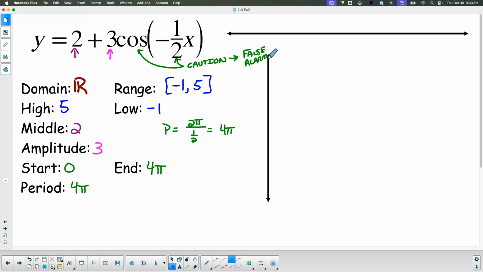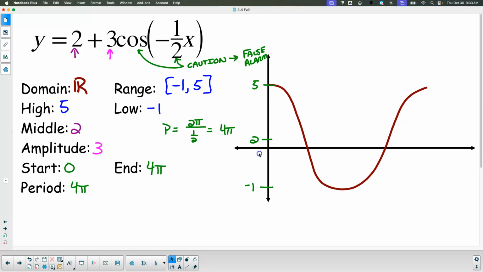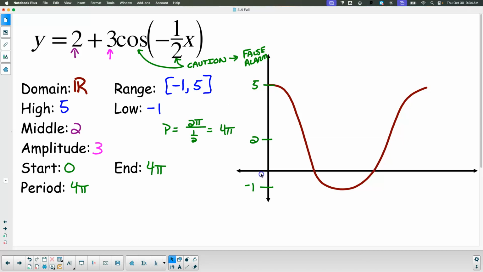So that means my cosine then would start up high, come low, end back at the high point. In terms of, this would be 5, this would be -1, and my middle in here would be at 2. So if I'm putting in a solid line, that axis would go down here. It wouldn't go at the 2 because the 2 is not the x-axis.